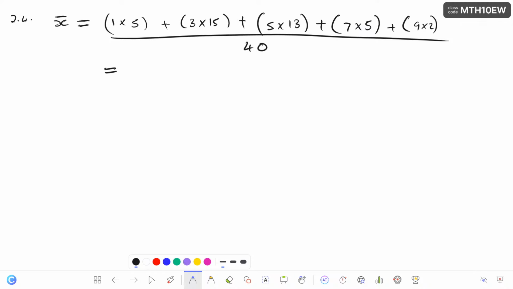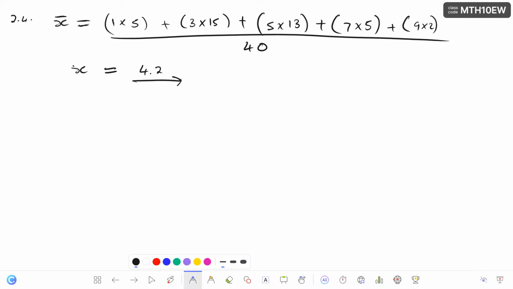So how many are we going to get? Let's calculate this. When we calculate this, we get 4.2.